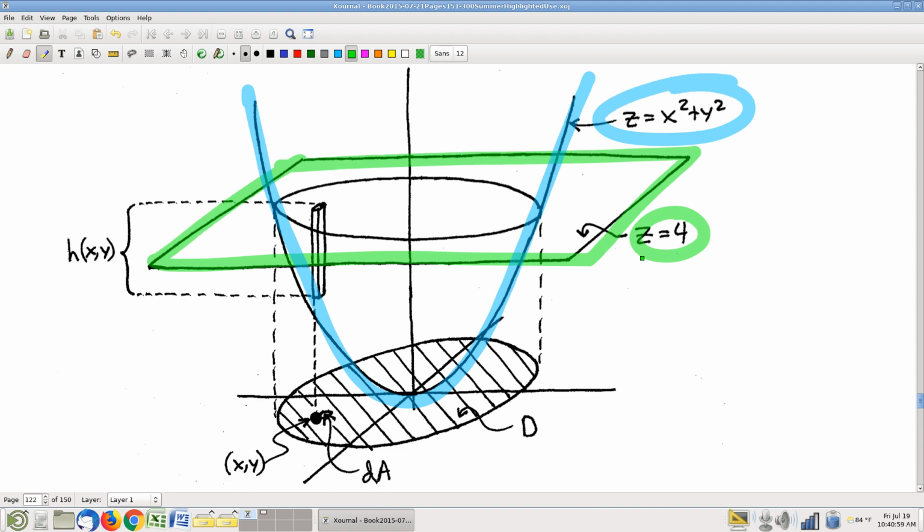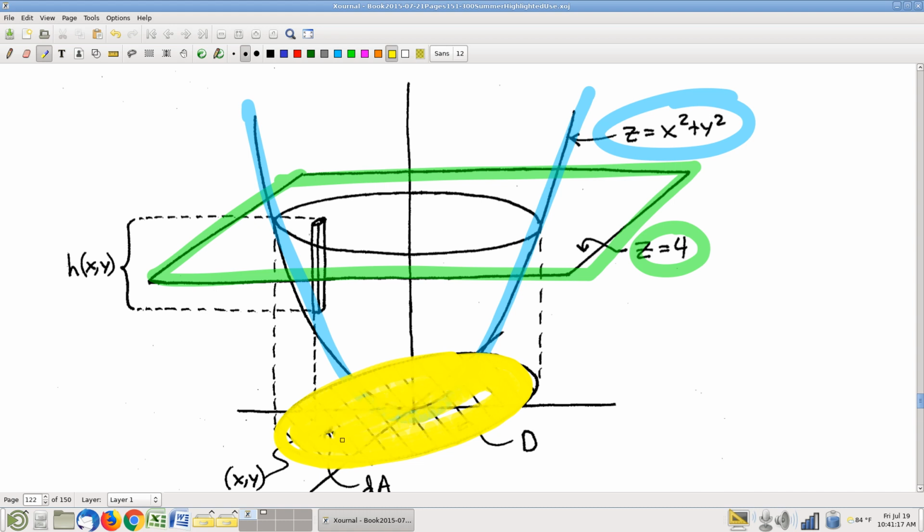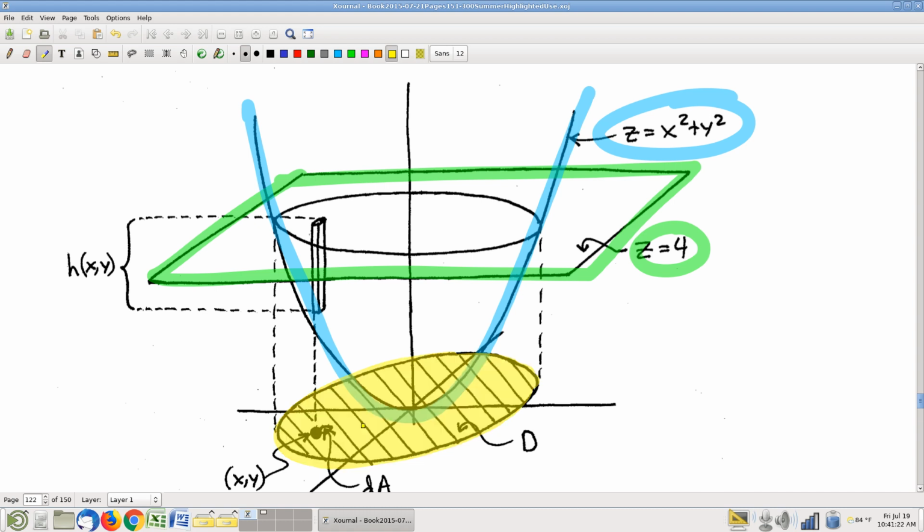I make a geometric argument that there's a non-trivial Riemann sum argument to make here. If I want to interpret this volume as a Riemann sum, how do I slice this volume up? I'm going to view this as a Riemann sum over this shadow down here, if you will. Let's look at this shadow down the xy plane. And the idea is that if I look at any little piece of area in this shadow, I can think about the amount of volume above it.